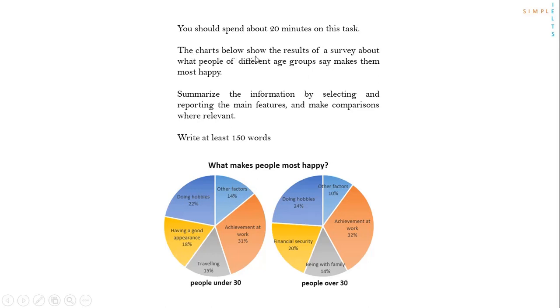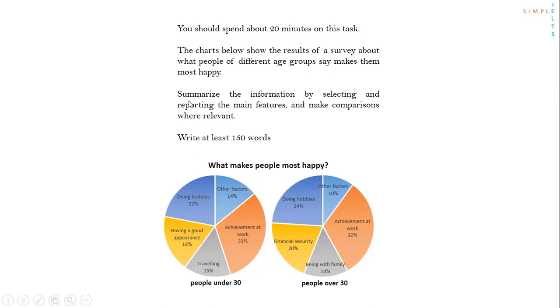The charts below show the results of a survey about what people of different age groups say makes them most happy. So we can understand from that written information that these two pie charts are about the factors that make people most happy, and they are explained in terms of percentage.